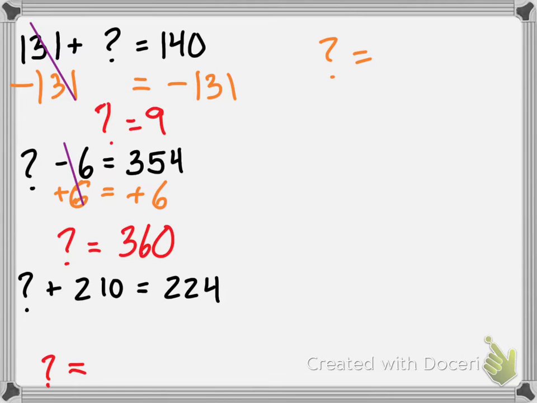So based on that, Lucia, how am I going to get rid of that 210? It's a positive 210. How am I going to get rid of it? So I spend it. Exactly. So I take away $210. Again, what I do to one side, I do to the other. 224 minus 210 gives me 14.